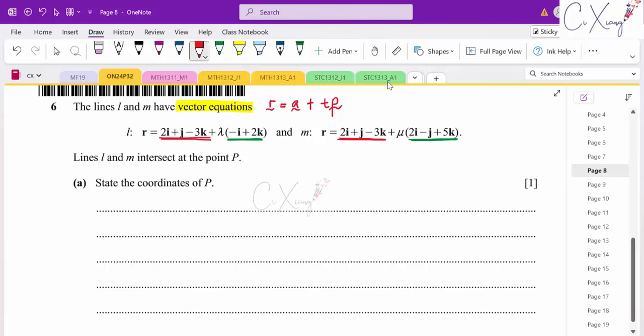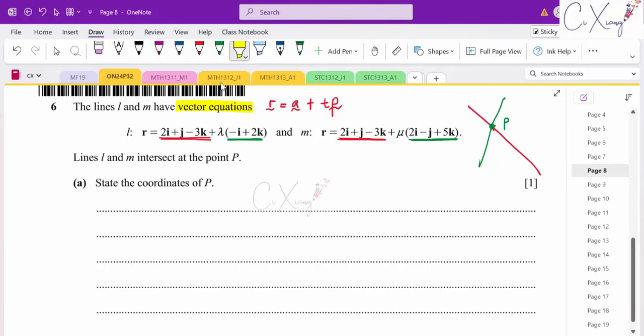So basically this is the intersection point between line L and line M. That's the reason why they ask us to state the coordinate of P.